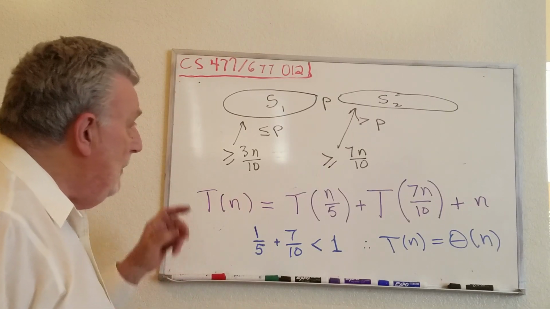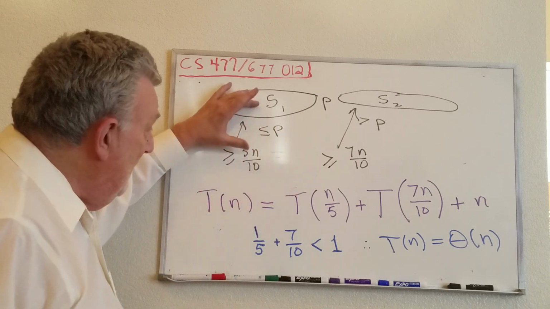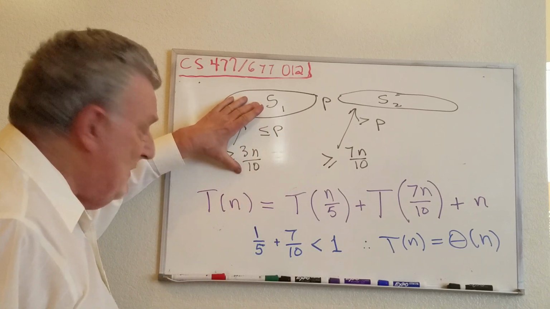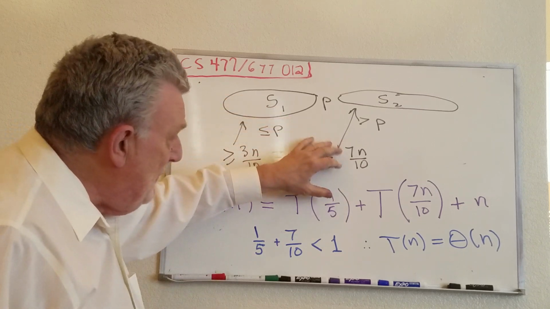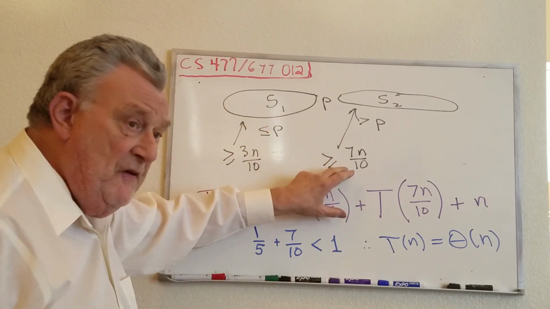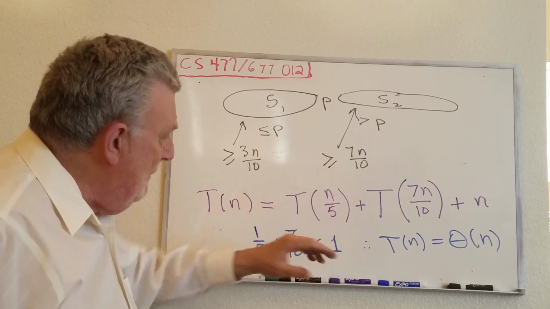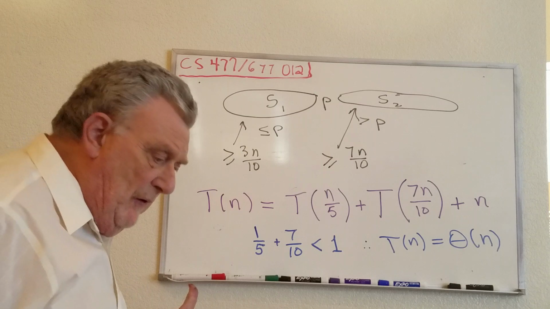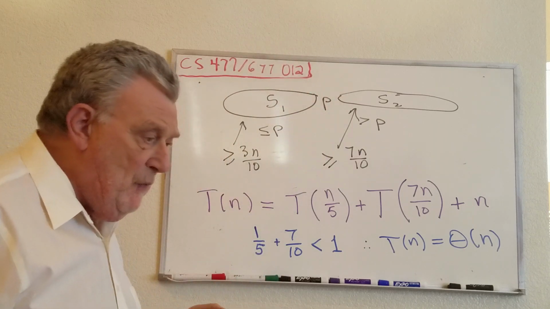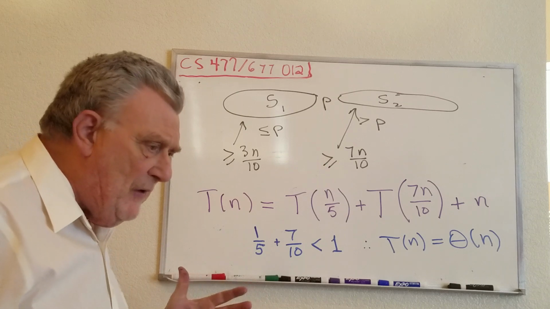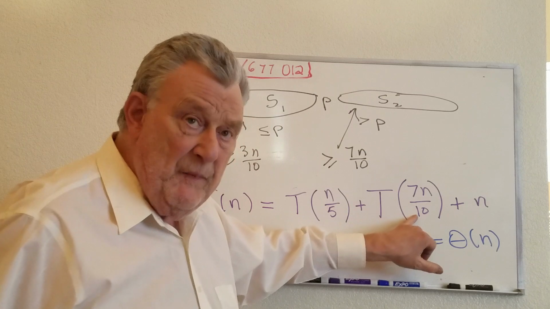All right, now, when we partition in 2 sets, S1 and S2, each of the 2 sets has size at least 3n over 10. And each of the complementary sets has size at least 7n over 10. Now, the 7 over 10, when we do the recursive call, it will be on one of those 2 sets. The worst case is it's the larger one, and the larger one could have size up to 7n over 10.